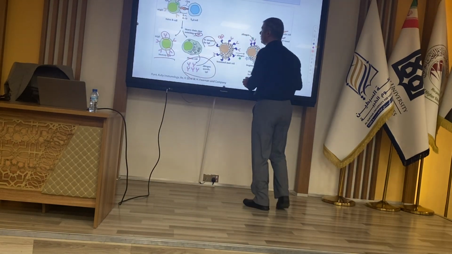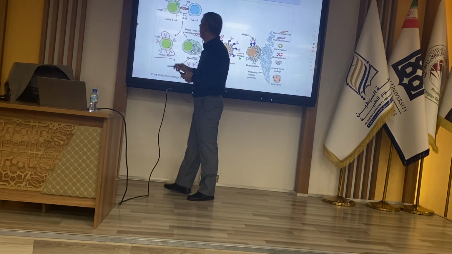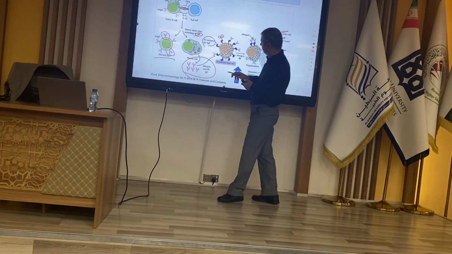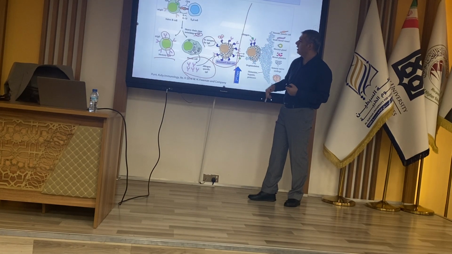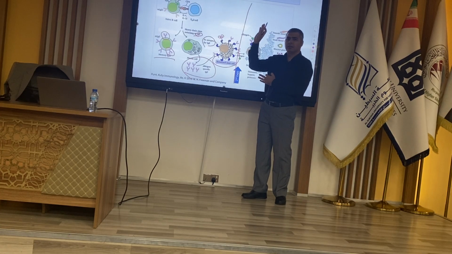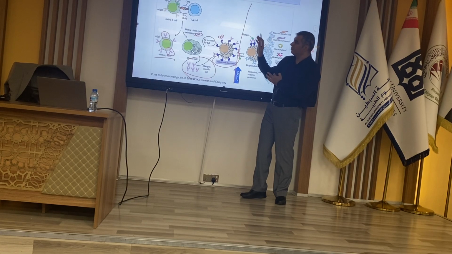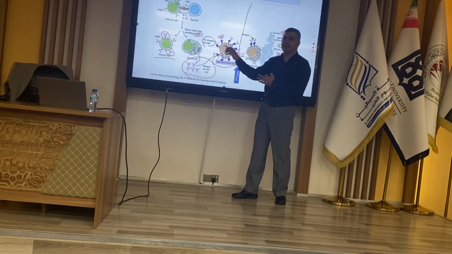So this is the first exposure to allergen, and it is called the sensitization step. Until now, we won't have any clinical manifestation. We have just had production of IgE and binding of IgE to the mast cells.